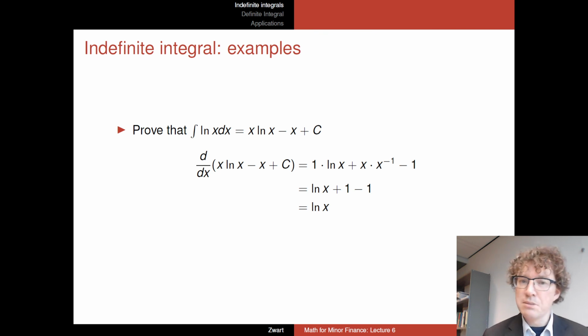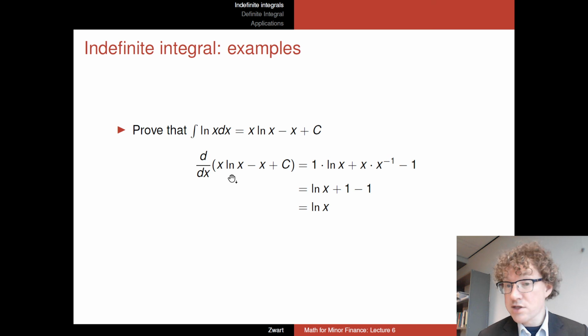What does it mean? Is it indeed true that if you have the function x log x minus x, and we take its derivative, we get back the log of x? Let's see whether that works. Let's look at the first term, the derivative of x log x, the derivative of a product. So I have to use the product rule.